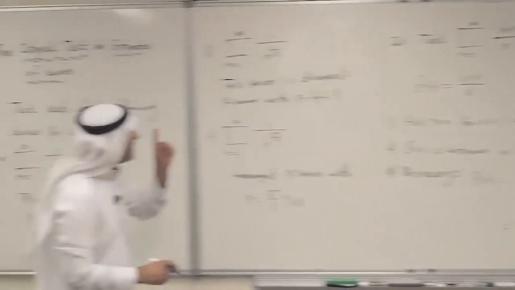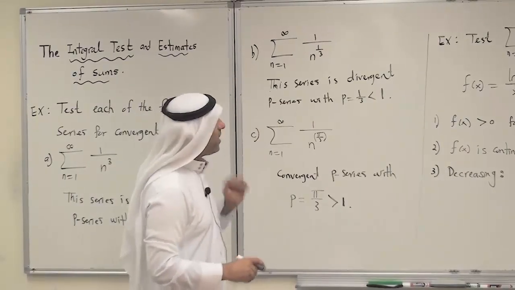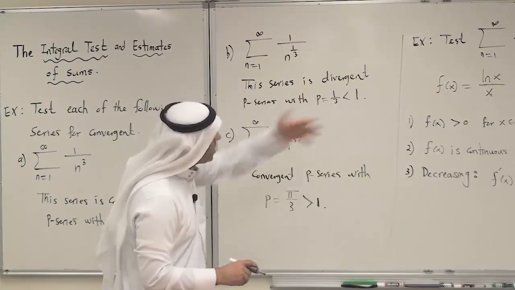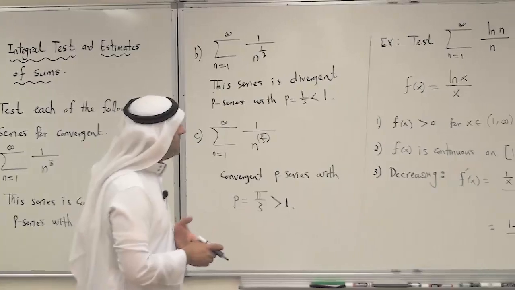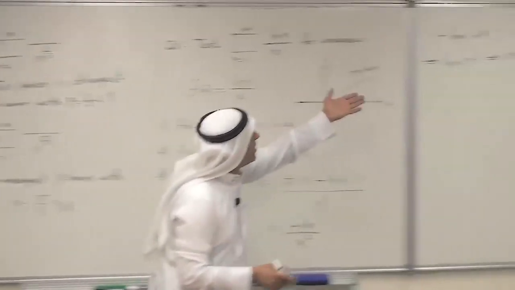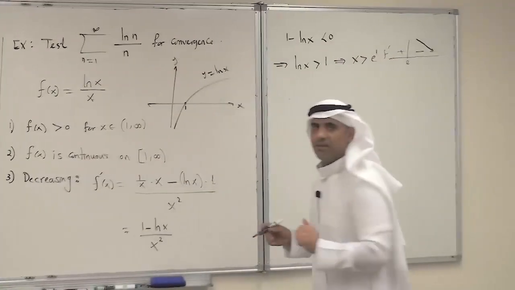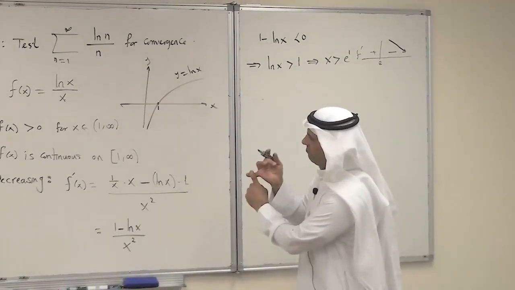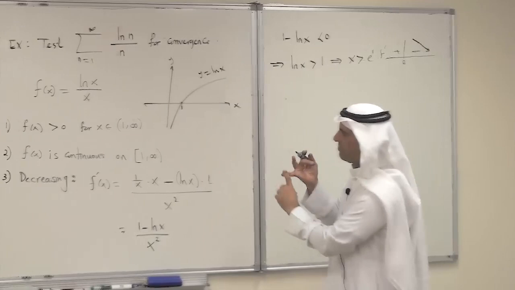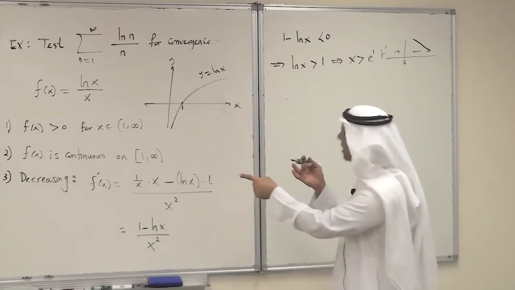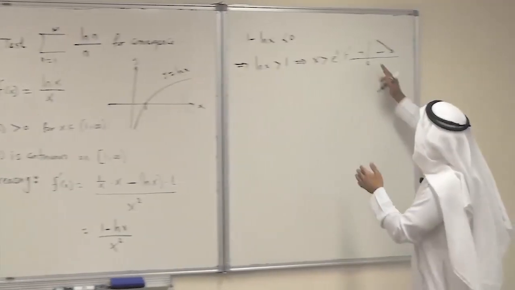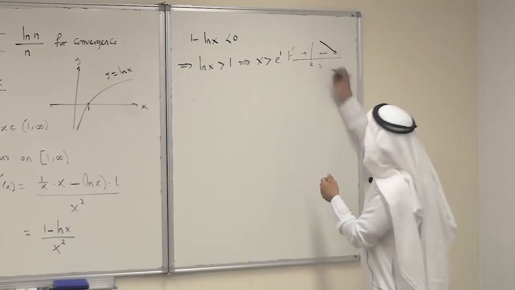The integral test requires the function to be positive. It is positive, no problem. f is continuous, okay, fine. Decreasing, but it's not decreasing from 1 to infinity. It's not a big deal. All these properties, meaning the function is positive, continuous, decreasing, hold starting from the next integer after e, for example, 3.